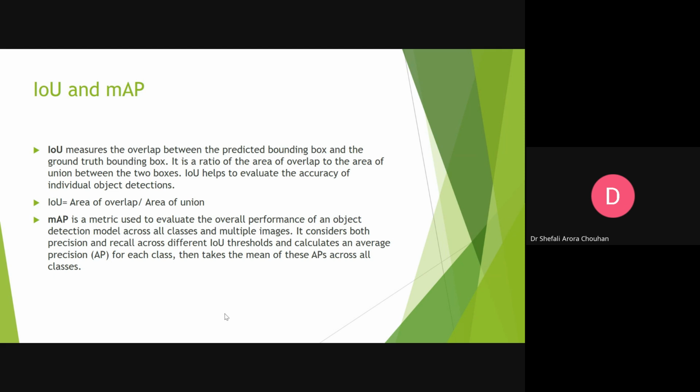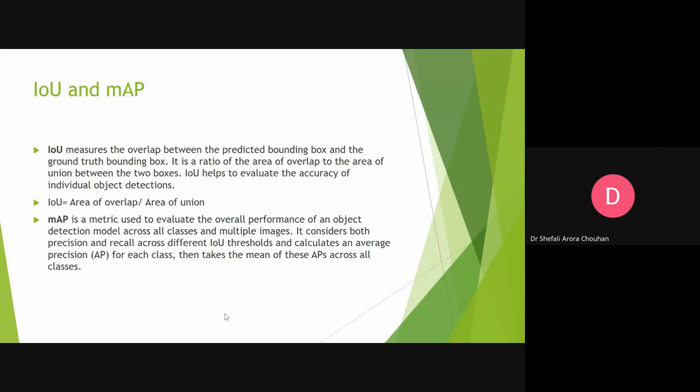So IOU means, now you understood that you got a predicted bounding box, and you have a ground truth bounding box. IOU is basically the area of overlap divided by the area of union between the two bounding boxes. One is the ground truth which was your label, and one is the predicted one with the higher confidence, we are keeping that bounding box, and accordingly you get its coordinates from there.